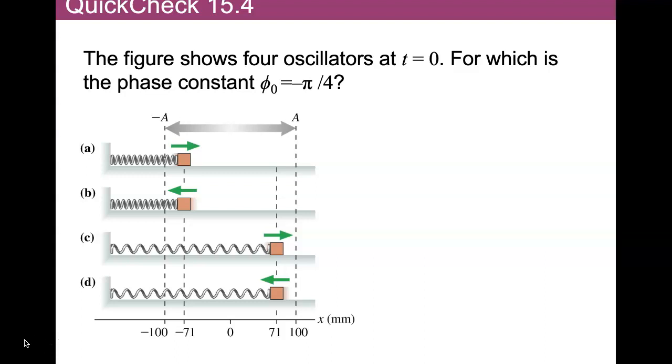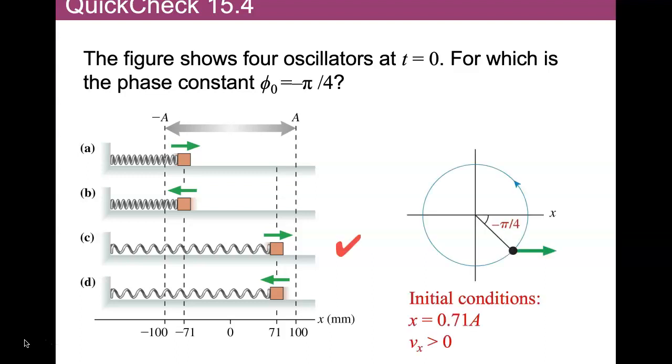All right, so to answer, we know that the phase constant is minus pi over 4, so we draw a circle. We put a point at minus pi over 4, like this, right? It's going to be here, going counterclockwise. So first we see that the x is positive. If this is 0, it's going to be over here, right?